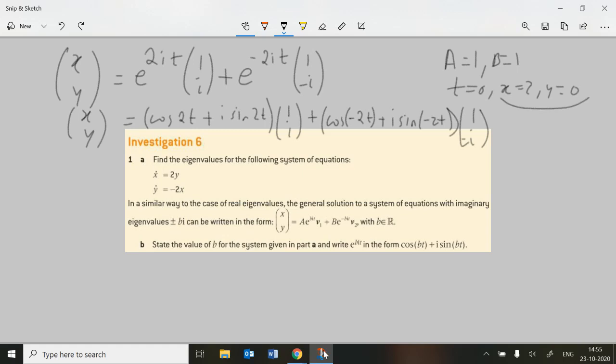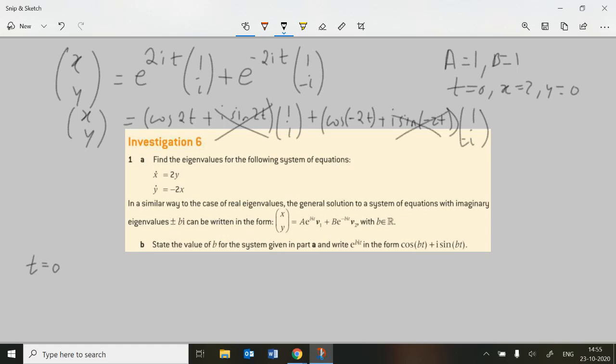And so first of all, we're going to show this is our initial condition when t is equal to 0, with a is 1 and b is 1. Okay, now let's put in t is equal to 0 in here. Of course, cos of 0 is 1. Sine of 0 is 0, so that's going to disappear.